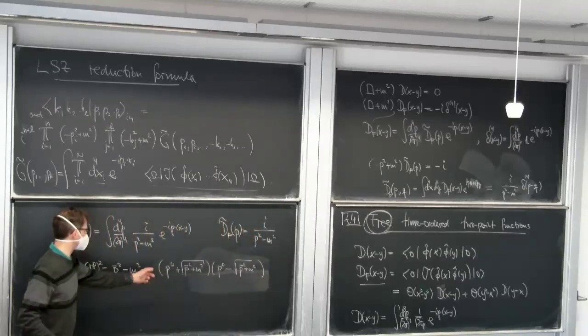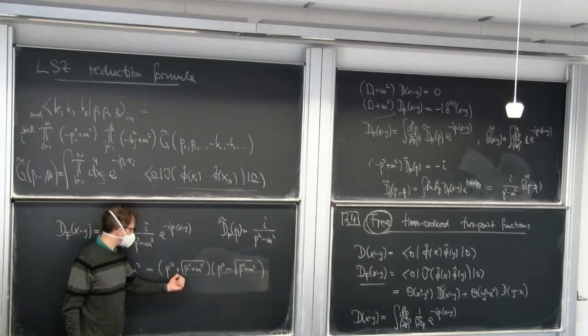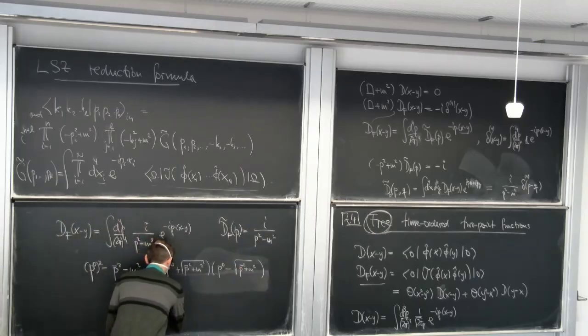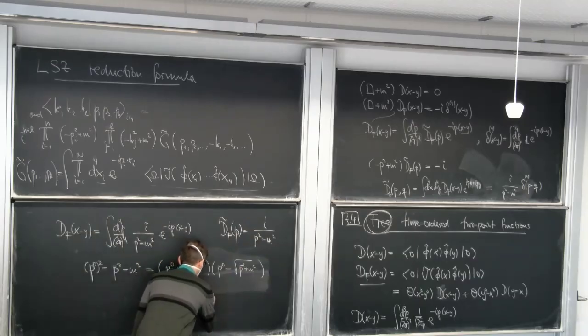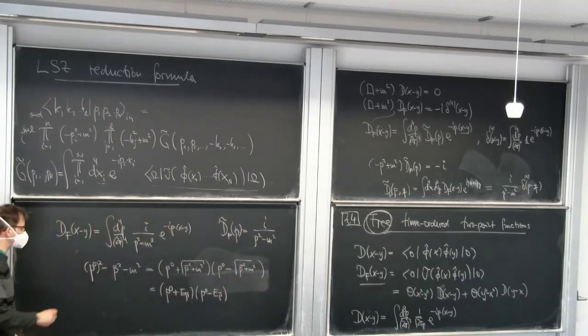Does that make sense? So if I multiply it out, I get the p0 squared, and then minus the square of the square root, so exactly this. And it also looks nice in p. So it's not a second order pole, it's two first order poles.